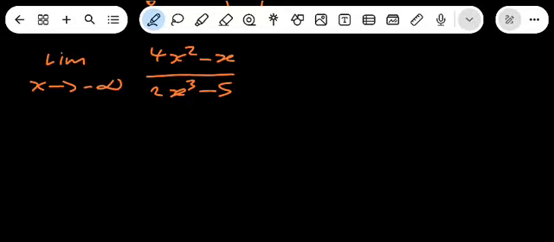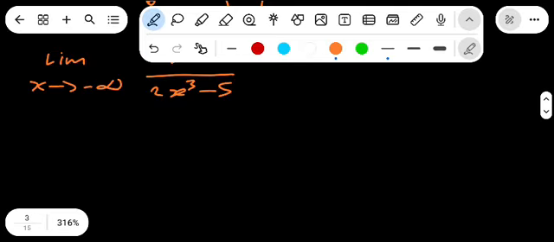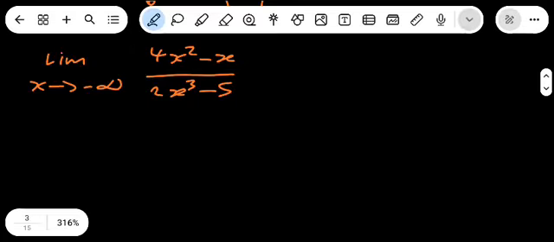So you check the numerator and the denominator for the x with the highest degree. Here, with the highest degree, we have x squared and x cubed.